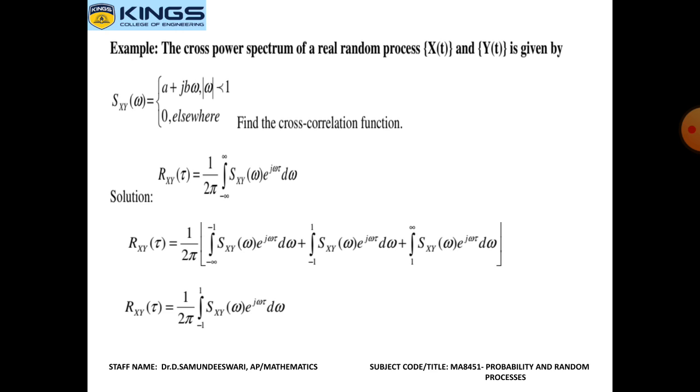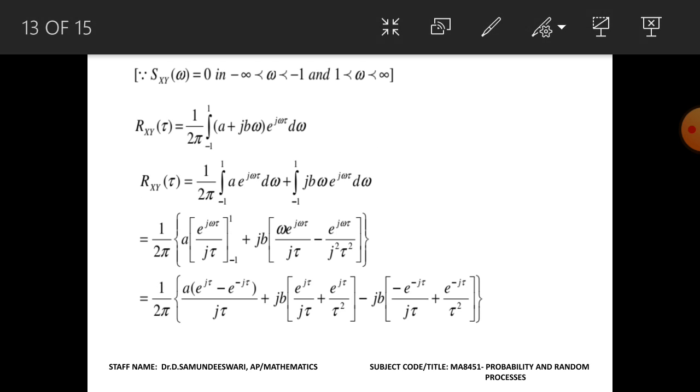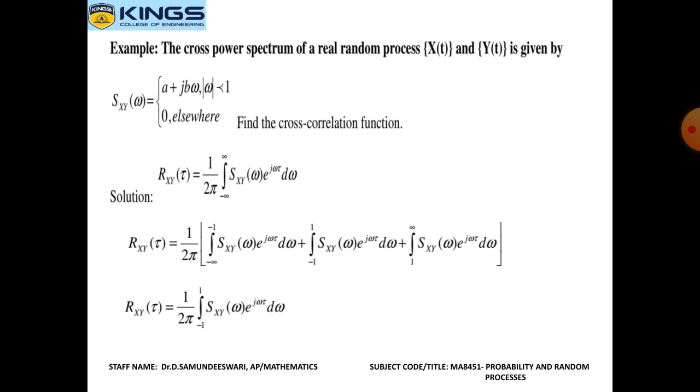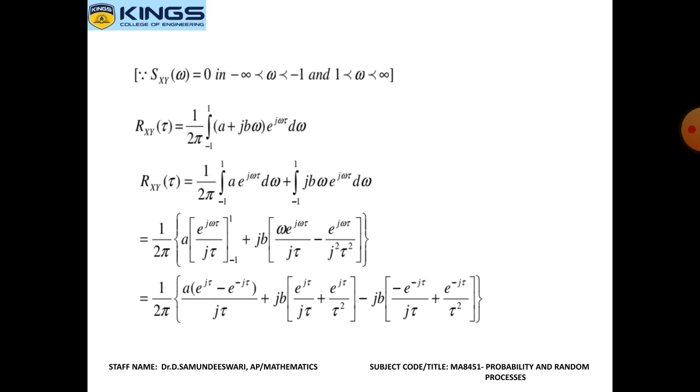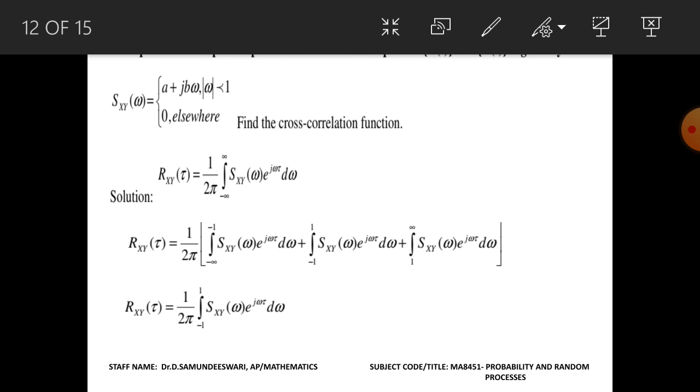Clear? Next we are going to see one problem. The cross power spectrum of real random processes X of t and Y of t is given by Sxy of omega equals a plus jb for modulus of omega less than 1, and 0 otherwise. Find the cross correlation function.